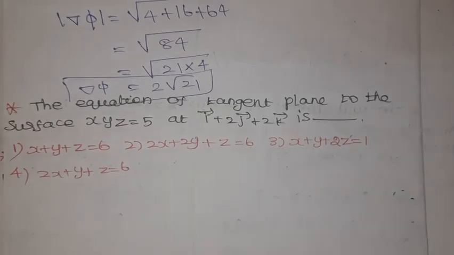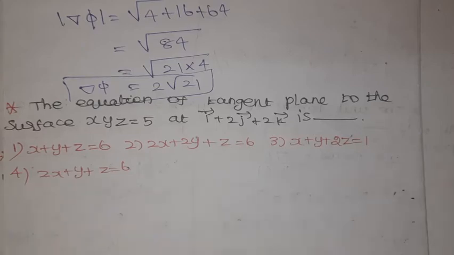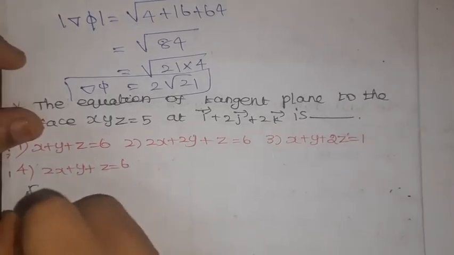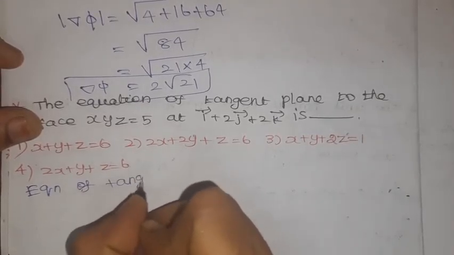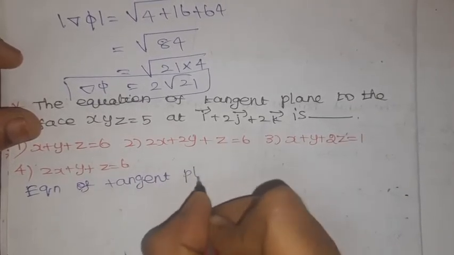Then the equation of the tangent plane to the surface xyz equal to 5 at i plus 2j plus 2k. So we are going to find the equation of the tangent plane. What is the formula for it? Already we have solved problems on this, the equation of tangent plane and the equation of normal plane.